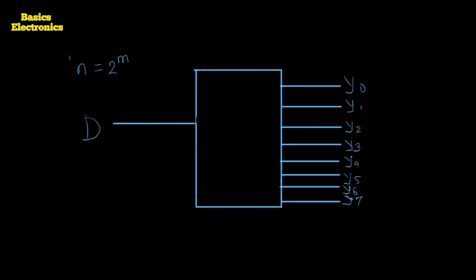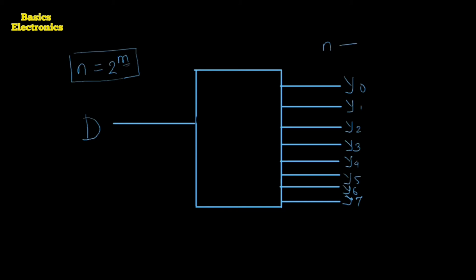Yesterday we saw the MCQ on this: the demultiplexer having the select input lines given by the formula n equals 2 to the power m. Here n is the output lines, and m is the select lines.